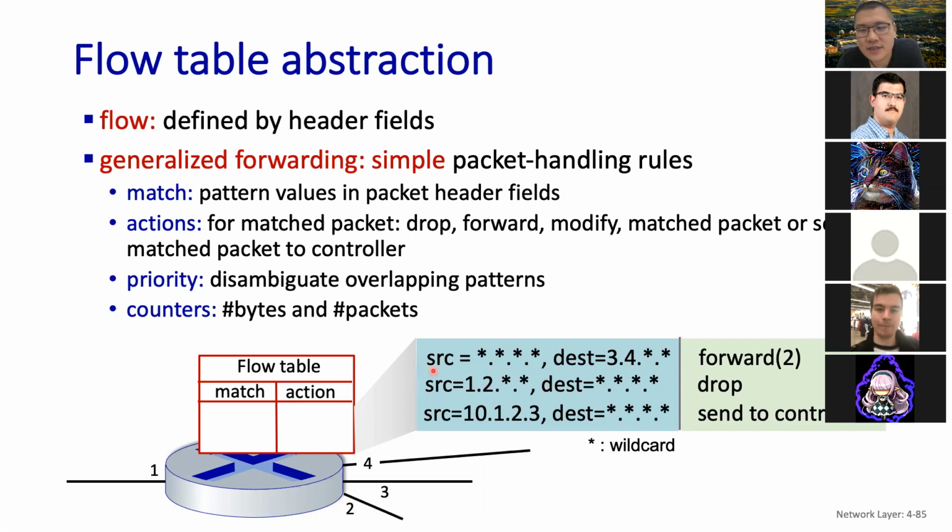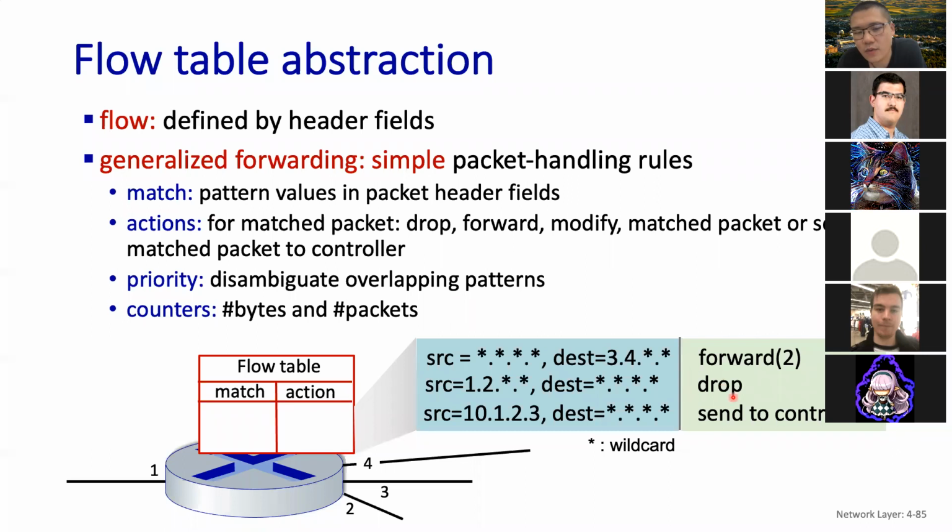So this is one of the entries in the table. Okay, and also you can have something like, for example, here, if the source is 1.2 dot something, and no matter what kind of destination it is, it just drops this packet.